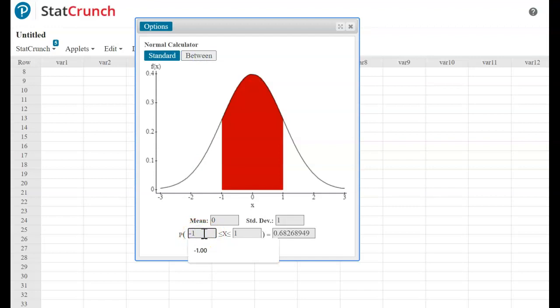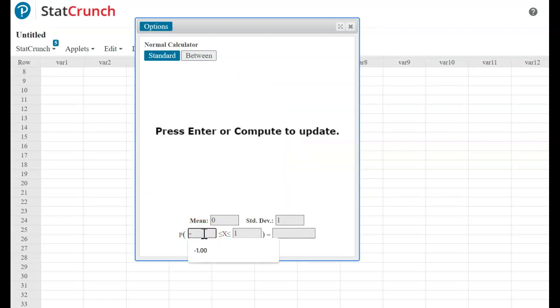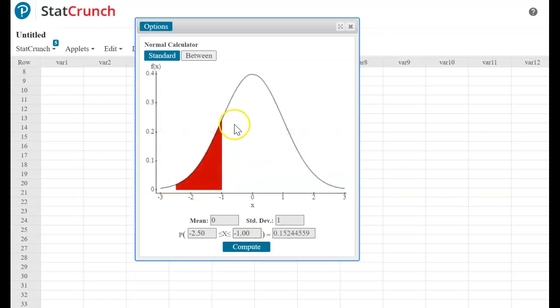Remember to put the smallest number on the left of x, negative 2.5, and the larger number on the right, negative 1.0. Click Compute. The graph depicts the probability that is located between negative 2.5 to negative 1 z-scores. Translating, 15.25% of people who undergo bone density test have z-scores between negative 2.5 and negative 1.